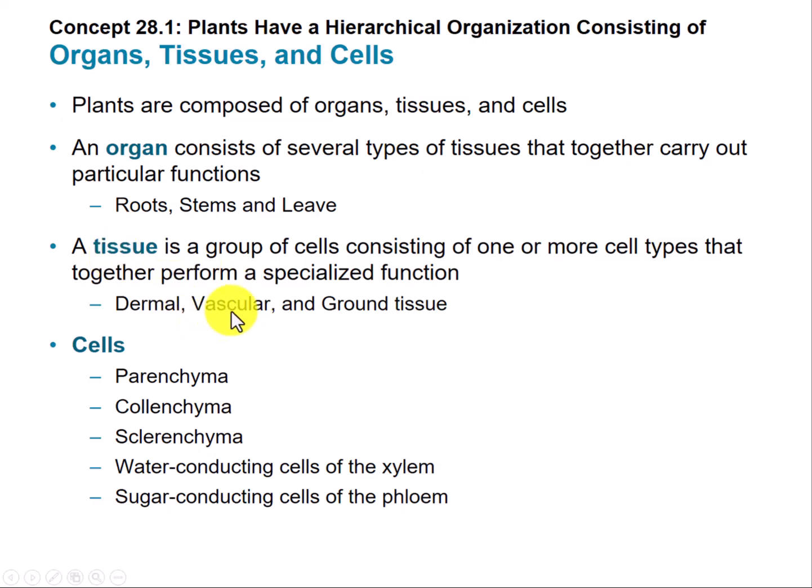We have 3 main tissues in plants: dermal, vascular, and ground tissue. And the cells that make up the 3 tissues are our parenchyma, collenchyma, sclerenchyma, and then, as we mentioned back in chapter 26, the water-conducting cells of the xylem, which conducts water, and our sugar-conducting cells of the phloem, which can move carbohydrates.